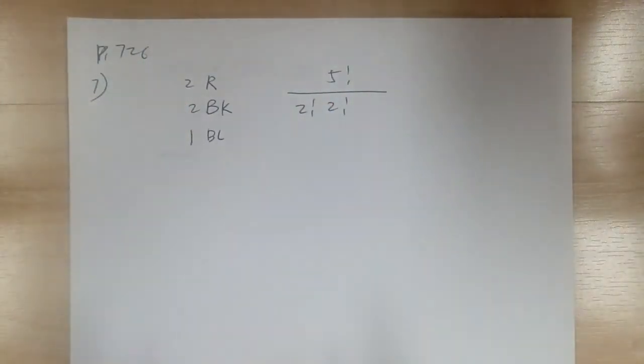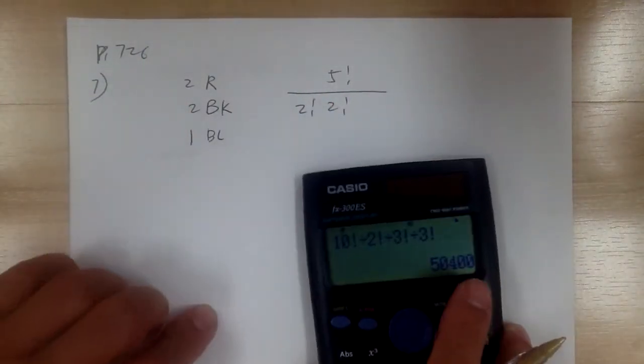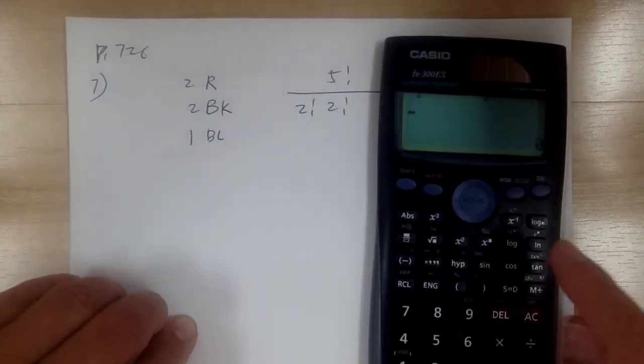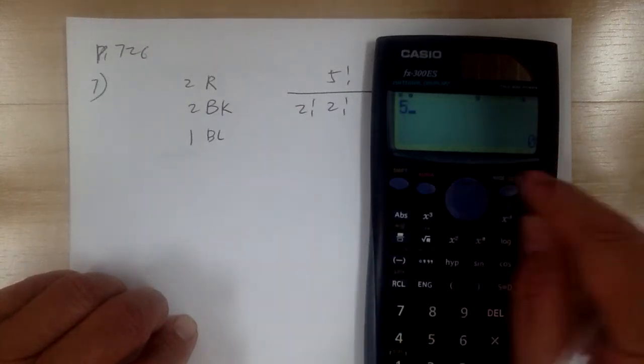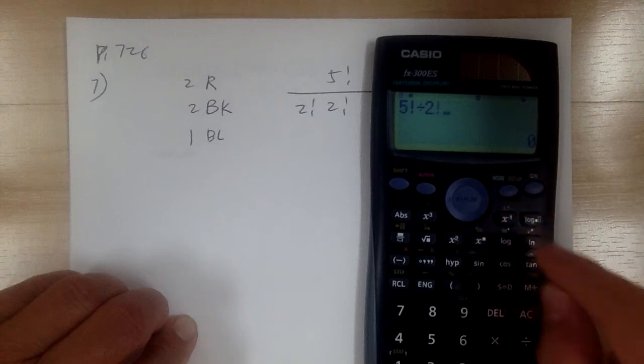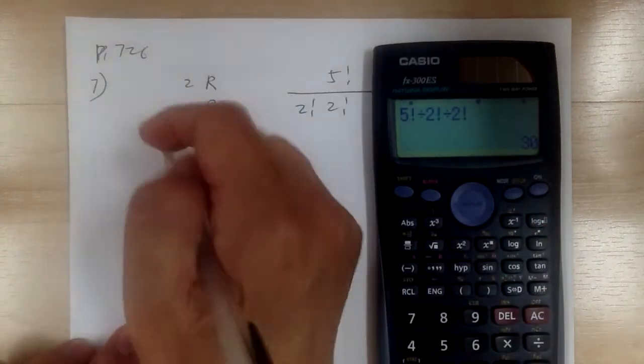So again, 2 identical items, you have to divide to get rid of the extra accounting. Okay, so you're going to get 5 factorial divided by 2 factorial divided by 2 factorial, and this will give you 30.